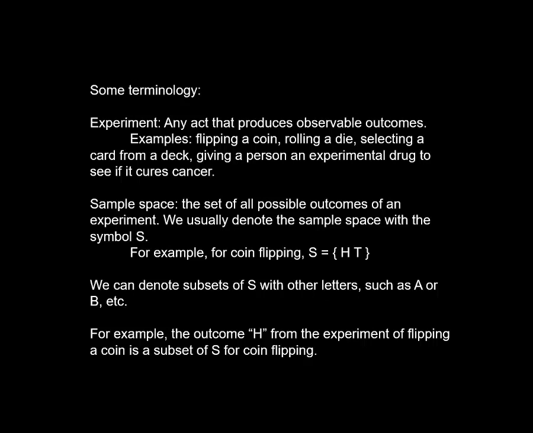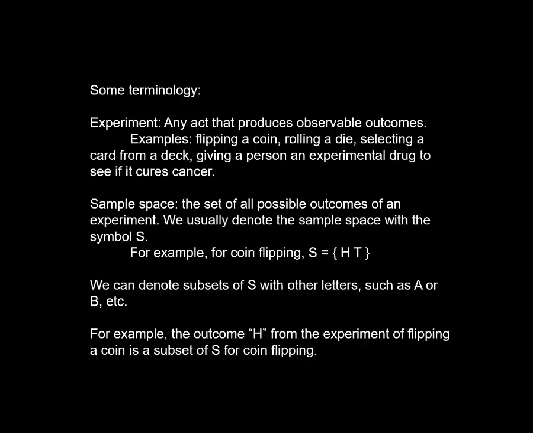The sample space of an experiment is the set of all possible outcomes of that experiment. And we usually use the symbol capital letter S to symbolize the sample space. So for the very simple experiment of flipping a coin, the sample space only has two things in it. Right? Heads and tails. Those are the only two outcomes of flipping a coin.